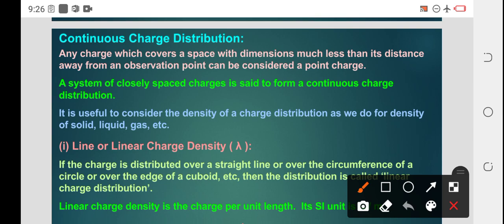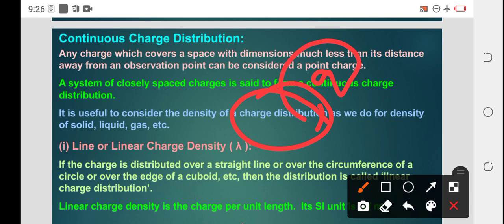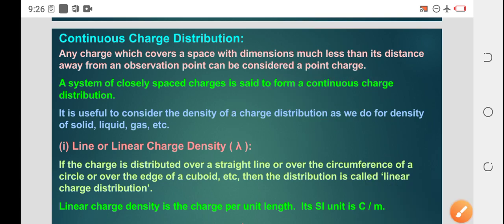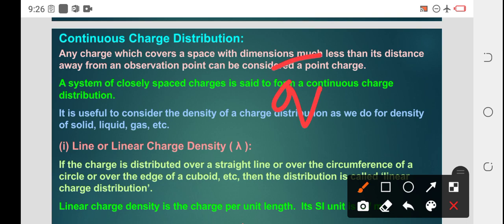What is a point charge? A point charge is defined as any charge which covers a space. So you are taking a charge, and the charge covers a space at a certain distance, and that will be called the point charge.